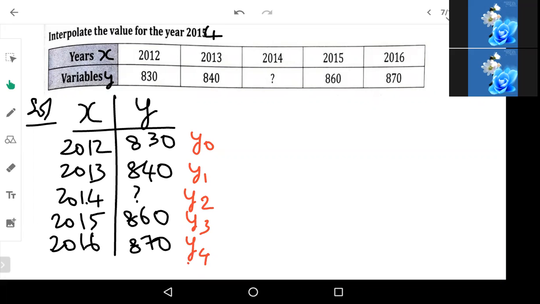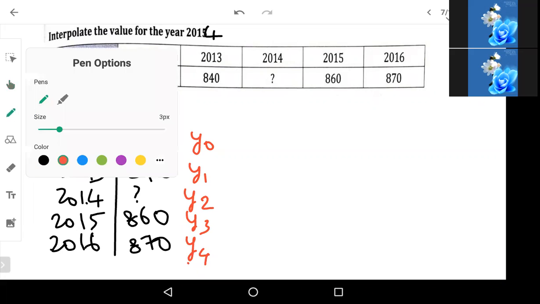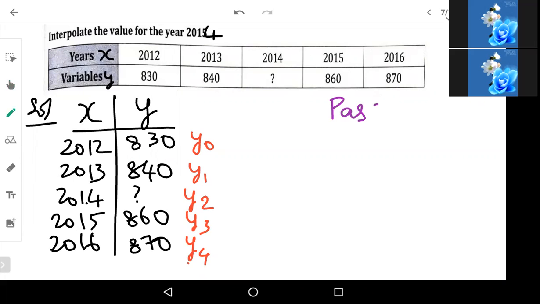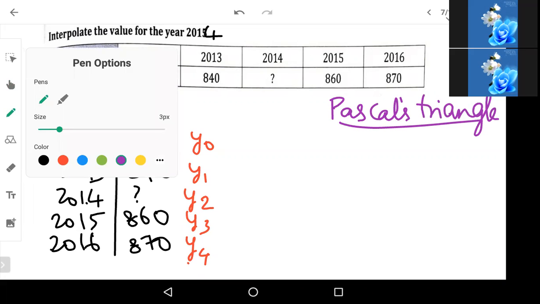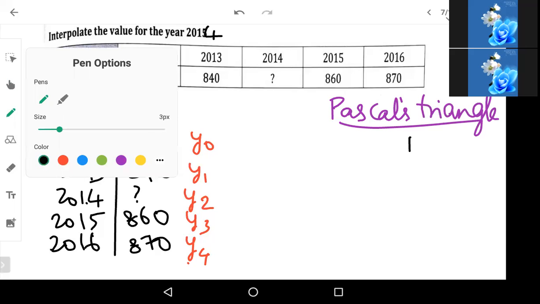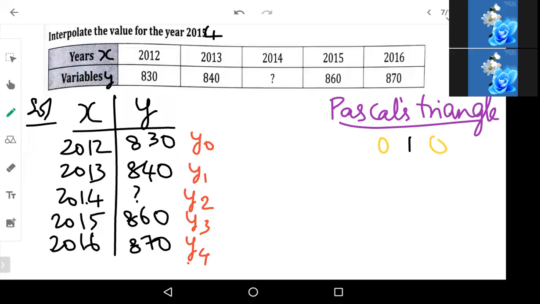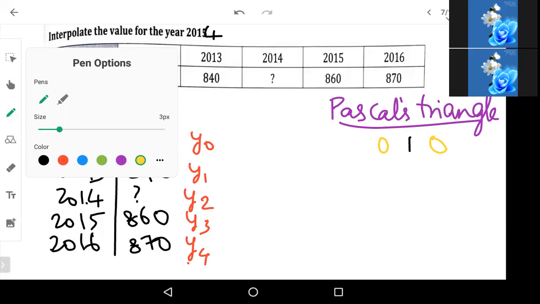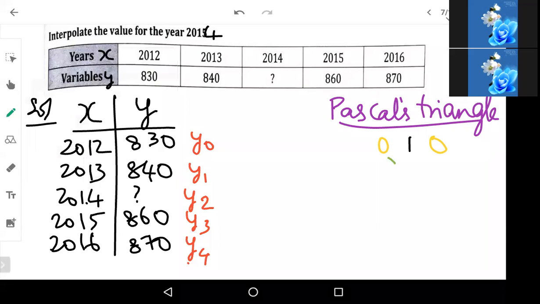Now, along with this, let us solve the Pascal's triangle. I'll do it here only. Let us start. First we'll start with 1, and I told you we assume there are 2 zeros there. Now add the numbers: 0 plus 1 and 1 plus 0.